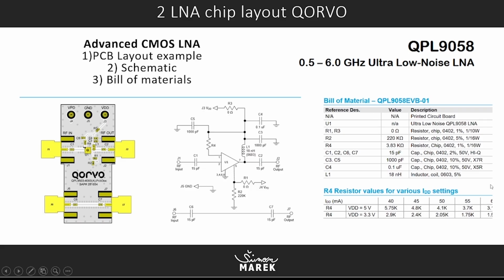There is a bill of materials for each transistor, for each component. There is a component value and a short description of which component you need to choose. So this is really important.